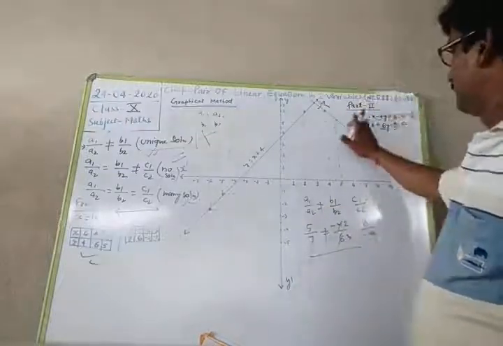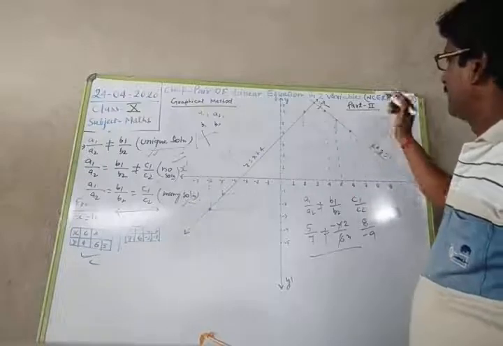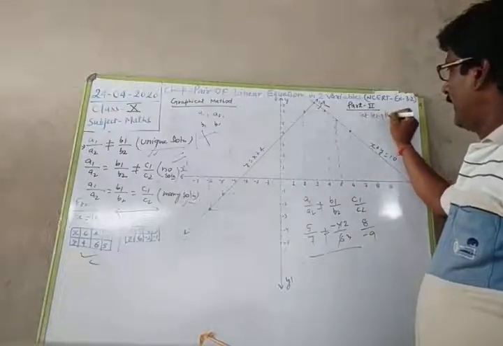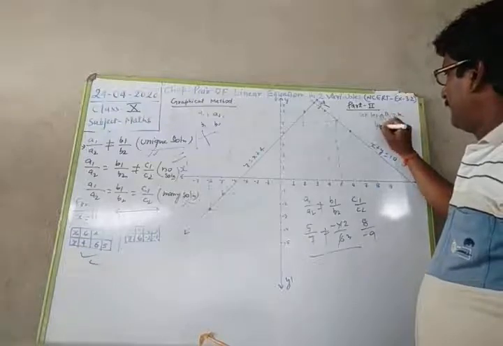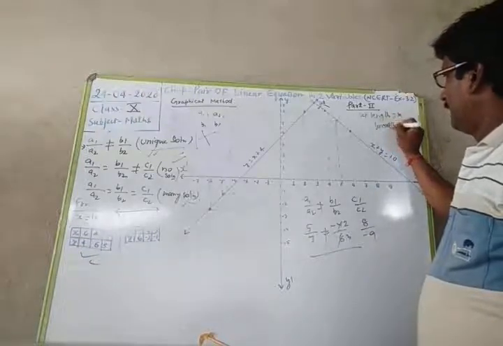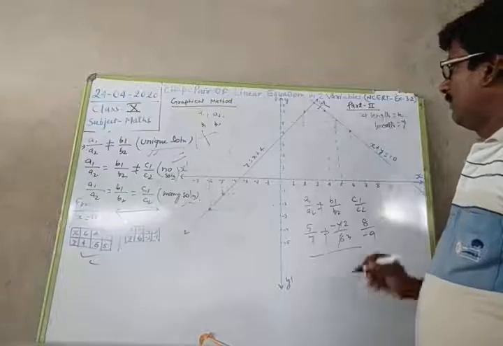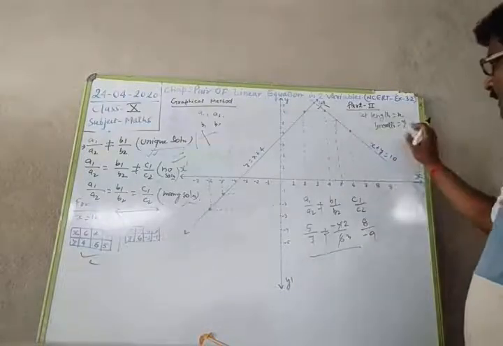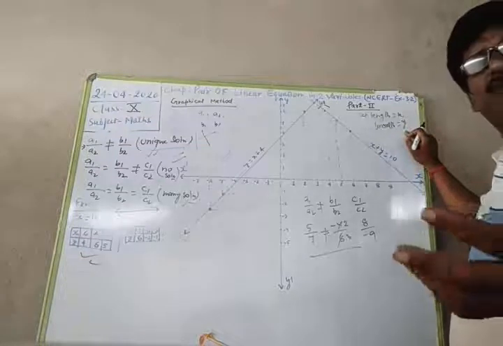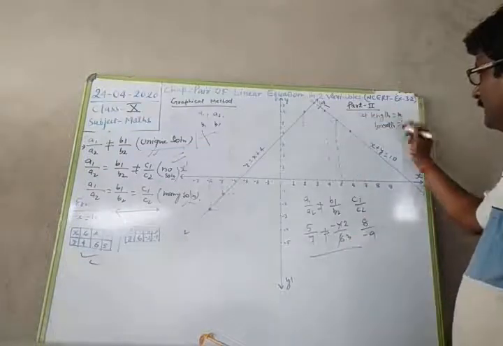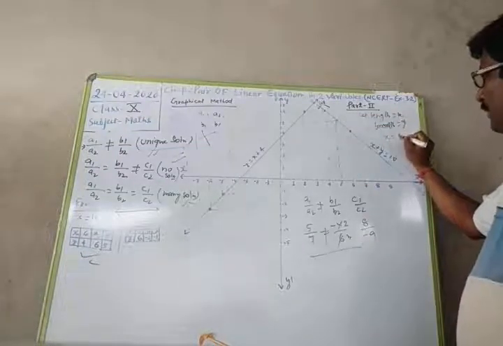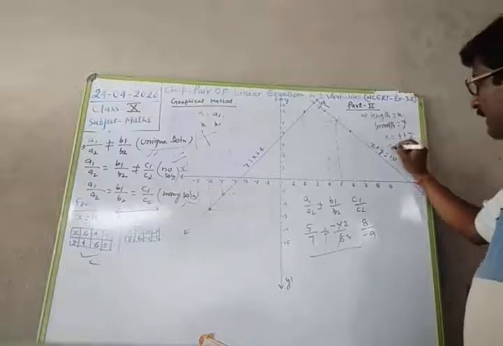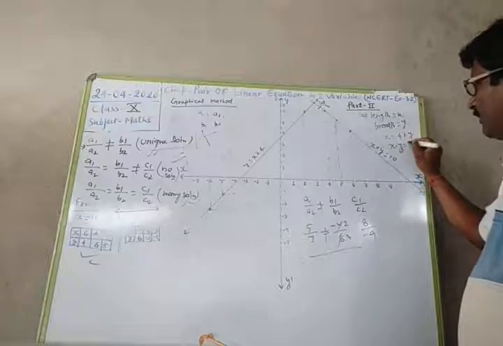So here we can write length is equal to x and breadth is equal to y. And what is given? The length is 4 meter more than its width, and another name for width is breadth. It means x is equal to 4 plus y. If x is equal to 4 plus y, it means x minus y is equal to 4, and this is the first equation.